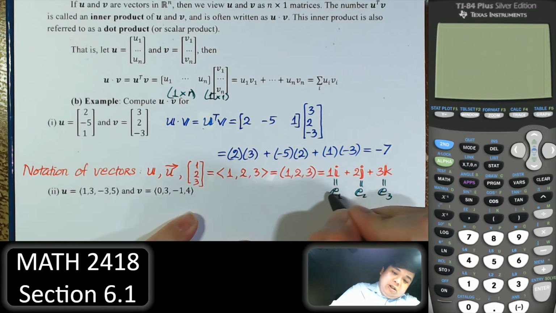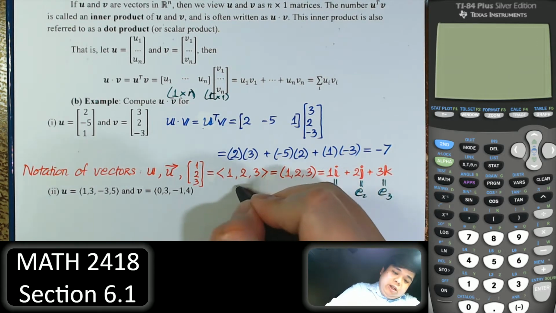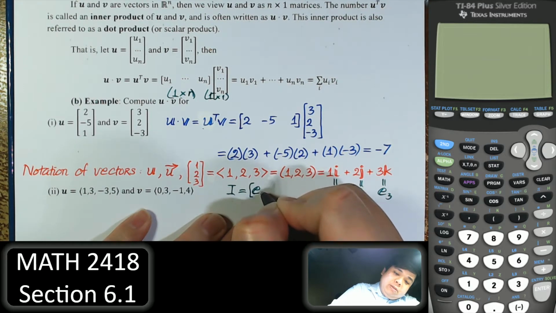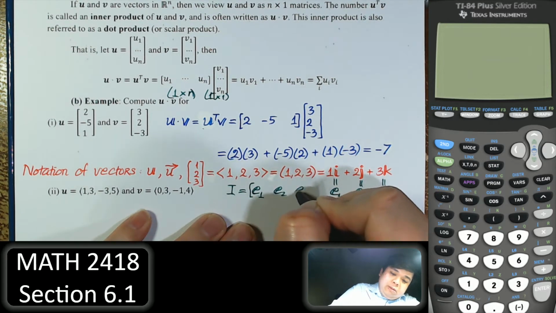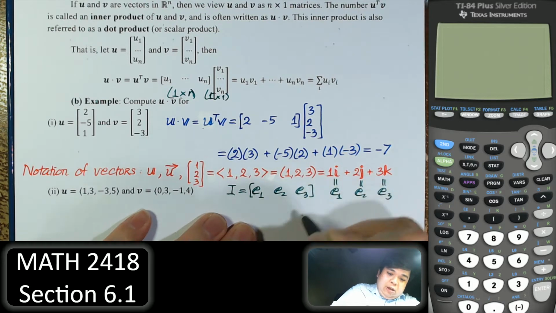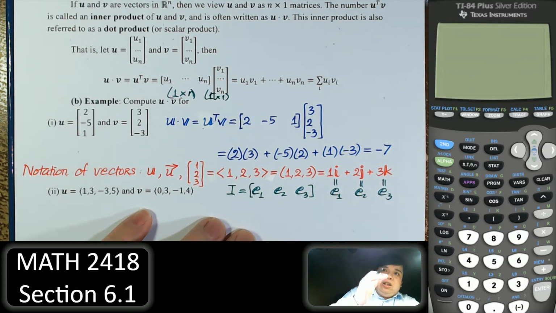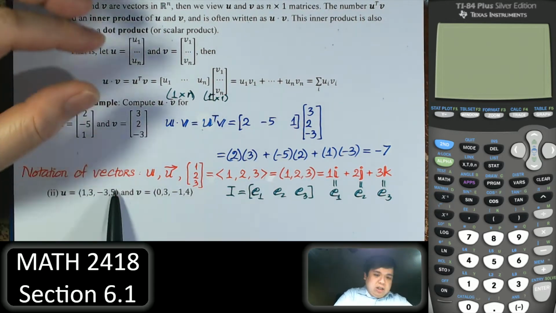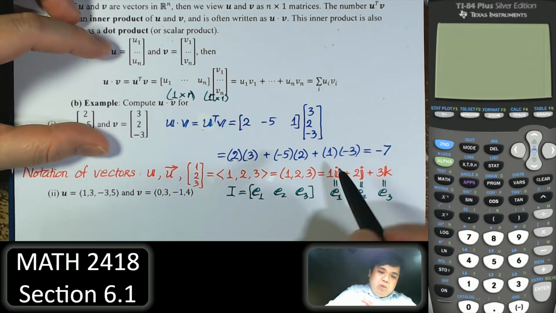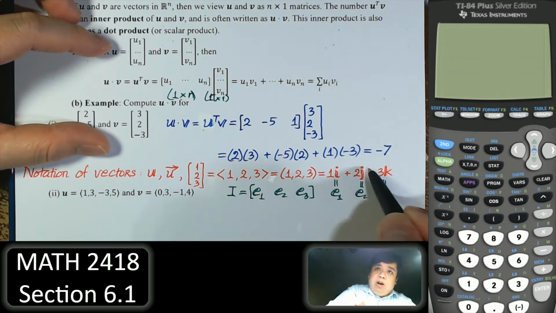And of course e1, e2, e3 is the standard basis that comes from the identity matrix. So e1 is 1, 0, 0, e2 is 0, 1, 0, and e3 is 0, 0, 1. So we can write a vector in a lot of different ways. Of course, for each one you can write an arrow on i, j, k too.